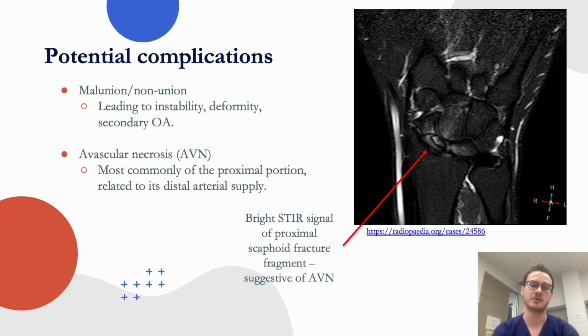So just some of the potential complications. The most common reported in the literature is malunion or non-union, and this leads to instability, deformity, and secondary osteoarthritis.